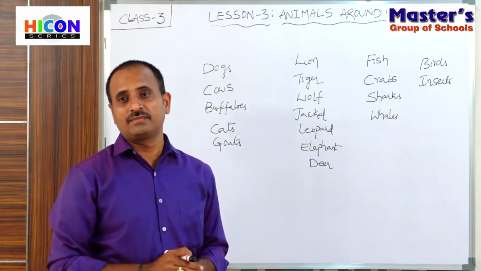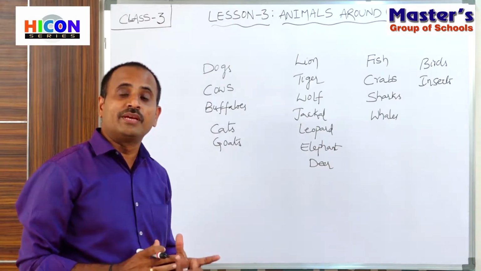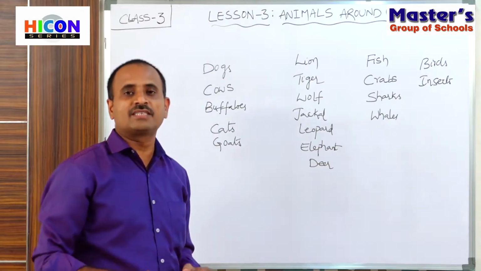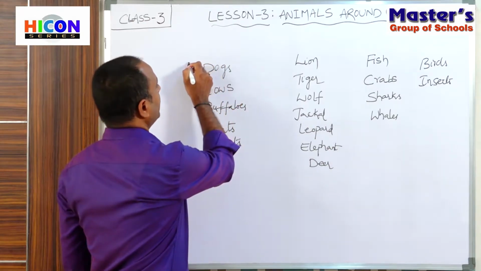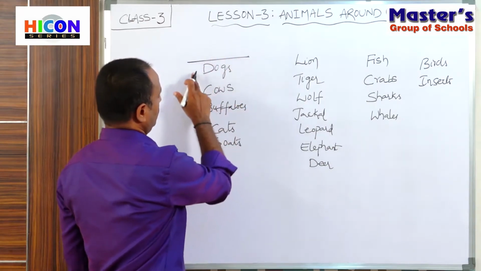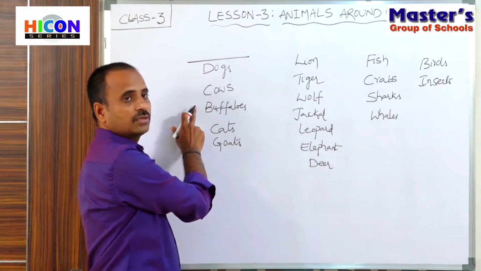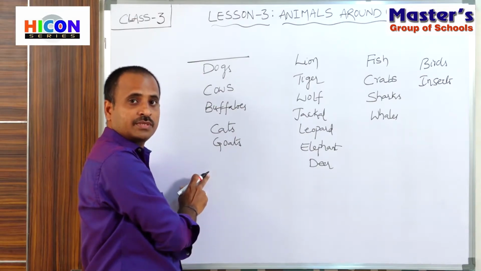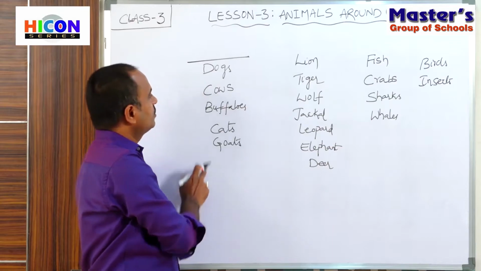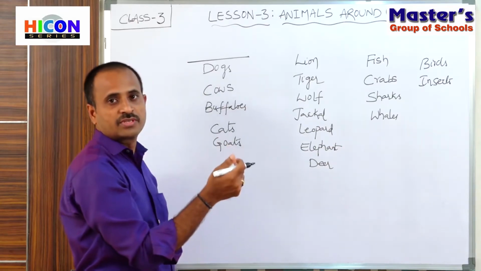Those animals which can be observed in our villages and especially on the roadside are called domestic animals. So children, these animals, that is dogs, cows, buffaloes, cats, goats, sheep, rats, etc., will be observed in our villages and on the roadside.